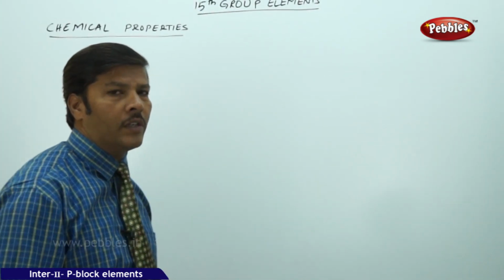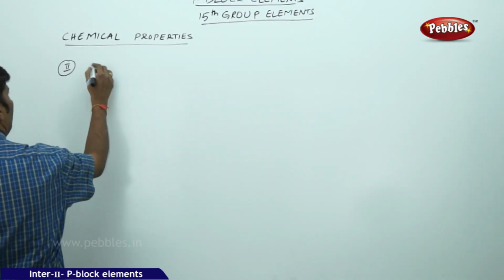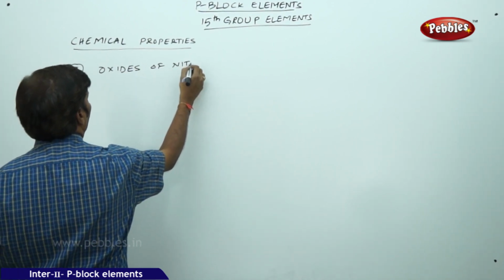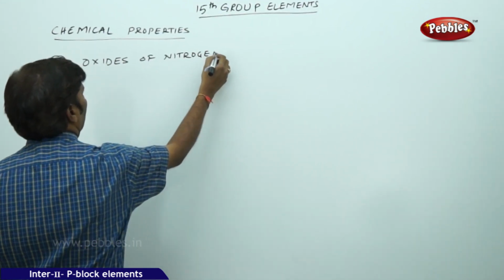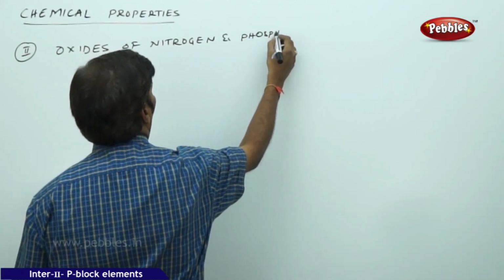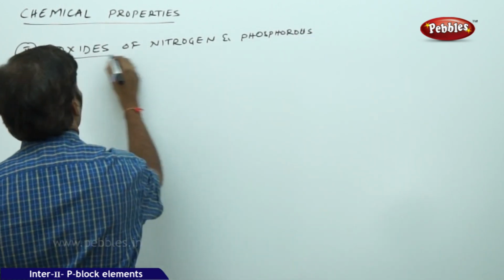So the next part of the discussion is oxides of nitrogen and phosphorus.